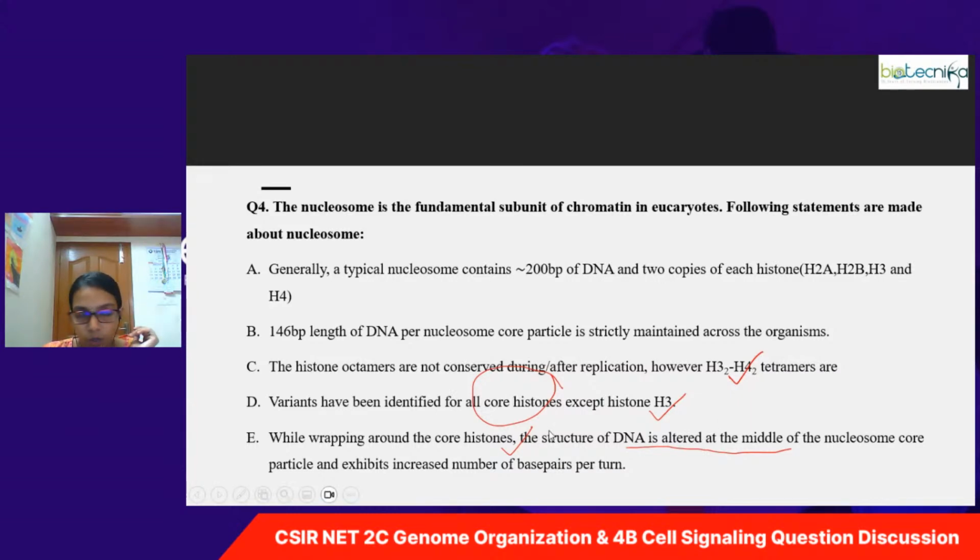This is a 4 marks question that came in the exam. And sometimes they will combine this part with unit 3 molecular biology also. I have just added one question as a sample related to gene expression and chromatin at the end. So try on this one, everyone.